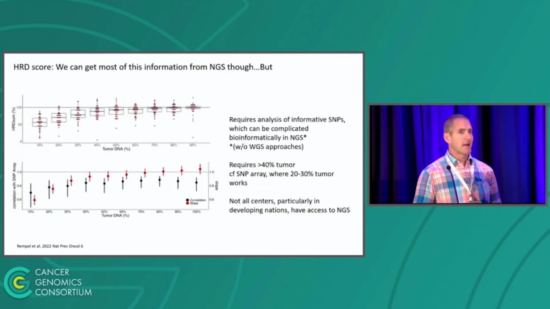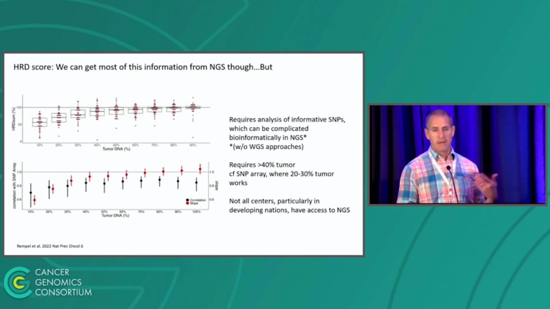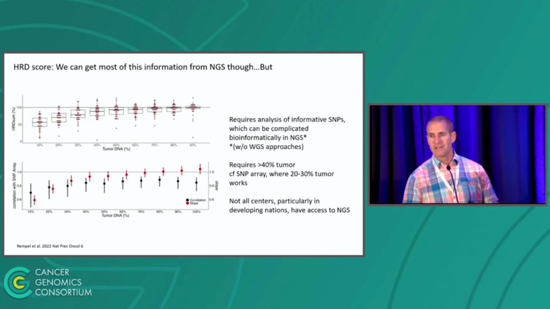And so we can get a lot of this information from NGS, but really with NGS, what we need to be doing is looking not just at genotyping SNPs, which is what we're doing when we're sequencing very often, but we want to look at, in effect, non-genotyping SNPs. We want to look at very frequent SNPs, because those are the SNPs that are actually going to tell us something about the loss of heterozygosity.